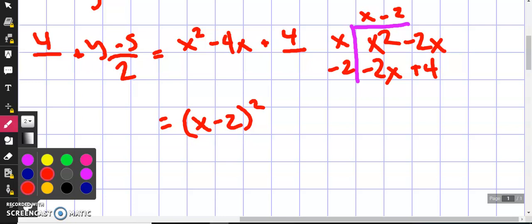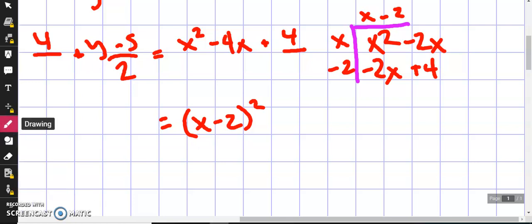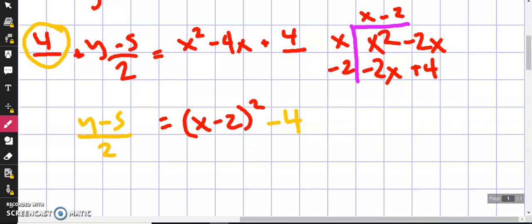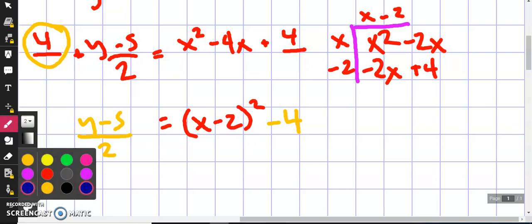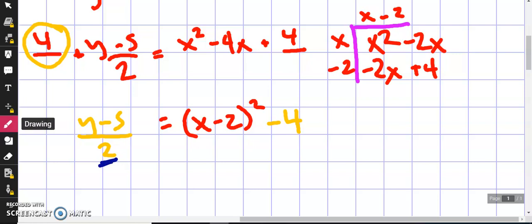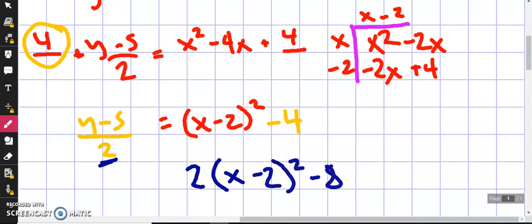And then I'm going to take what I have on the left and move it back to the other side. So the plus 4 over here becomes a minus 4 over here. Since I divided by 2 to make the fraction, I'm going to multiply by 2 to move that over.